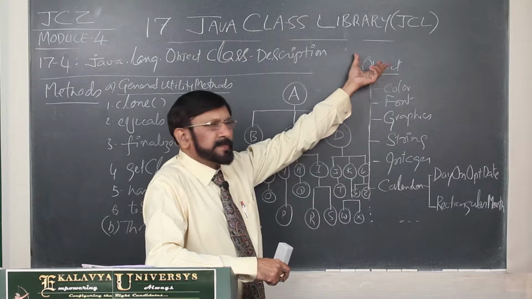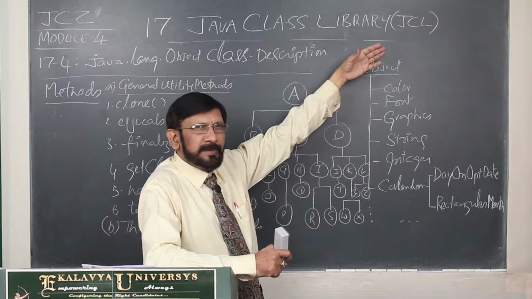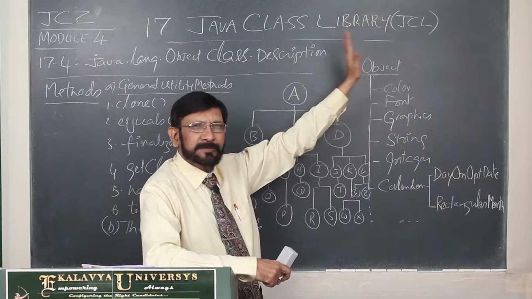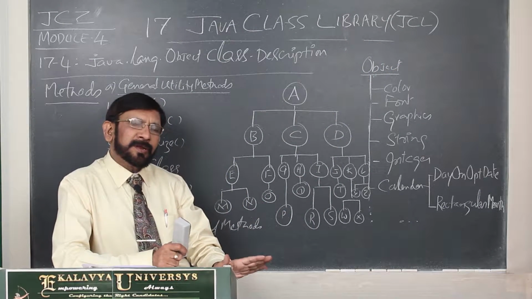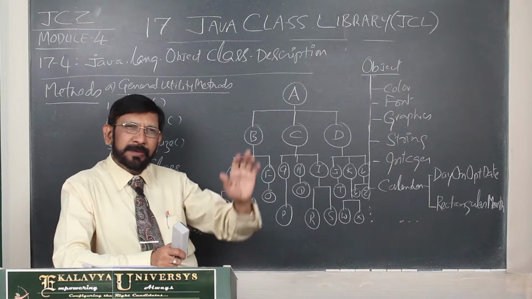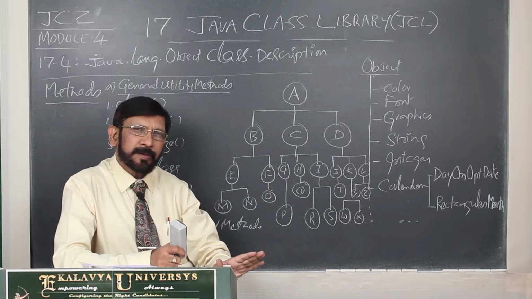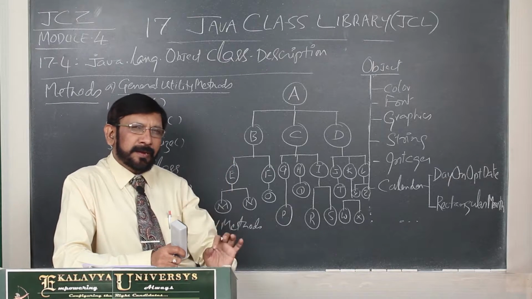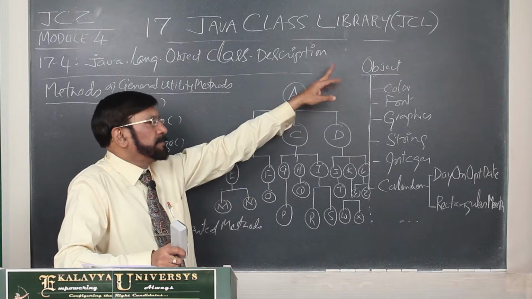Now it is at the top. No class is placed above the Object class. The supermost class. Okay. So any Java class you take, it may be API class or it may be programmer defined class, every class is directly or indirectly a subclass of the Object class.